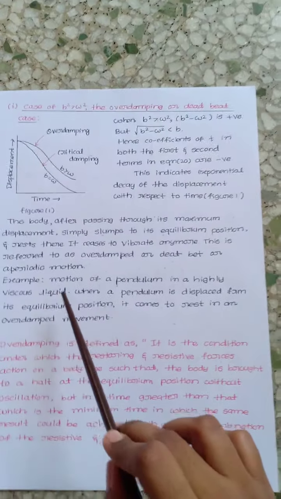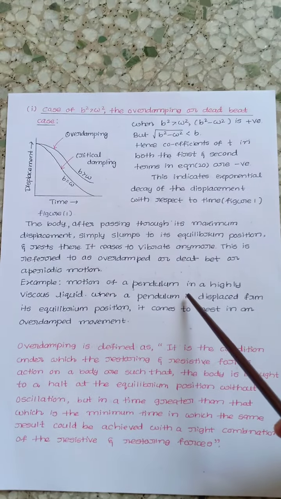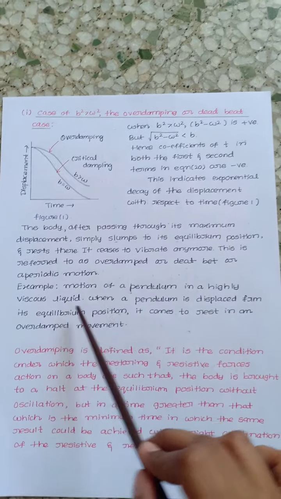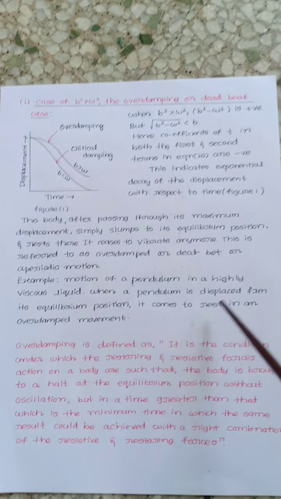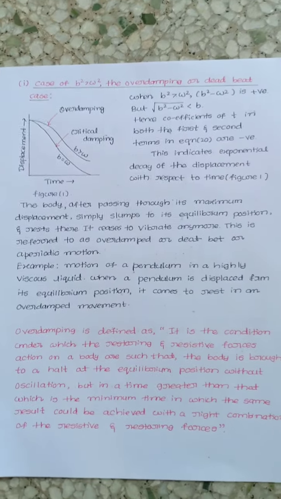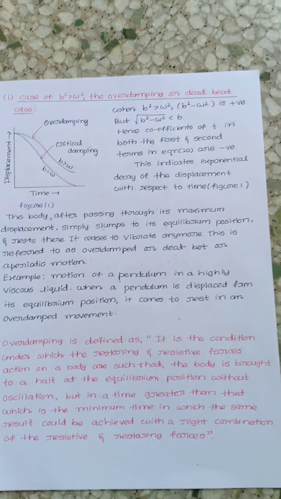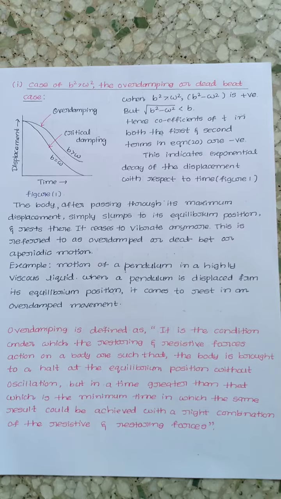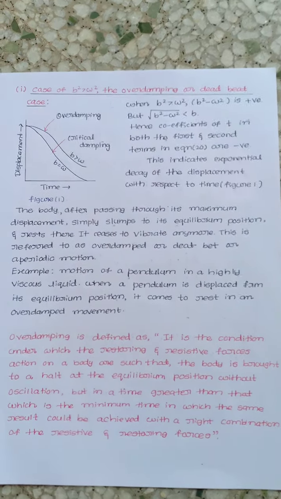Here is an example: the motion of a pendulum in a highly viscous liquid. When the pendulum is displaced from its equilibrium position, it comes to rest in overdamped movement.